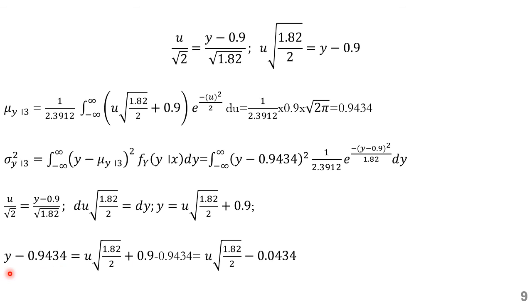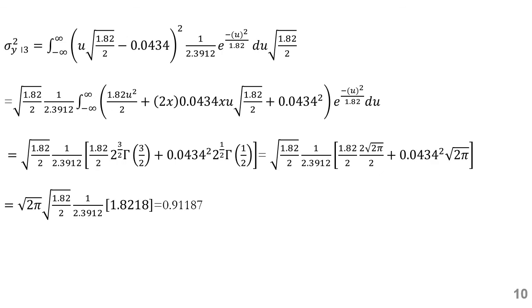So we can write y minus 0.9434 as u into root of 1.82 by 2 minus 0.0434. Finally, let us substitute it in the integral for sigma square of y given 3: integral of (u into root of 1.82 divided by 2 minus 0.0434) whole square, 1 divided by 2.392, e to the power minus u square by 2, root of 1.82 divided by 2.